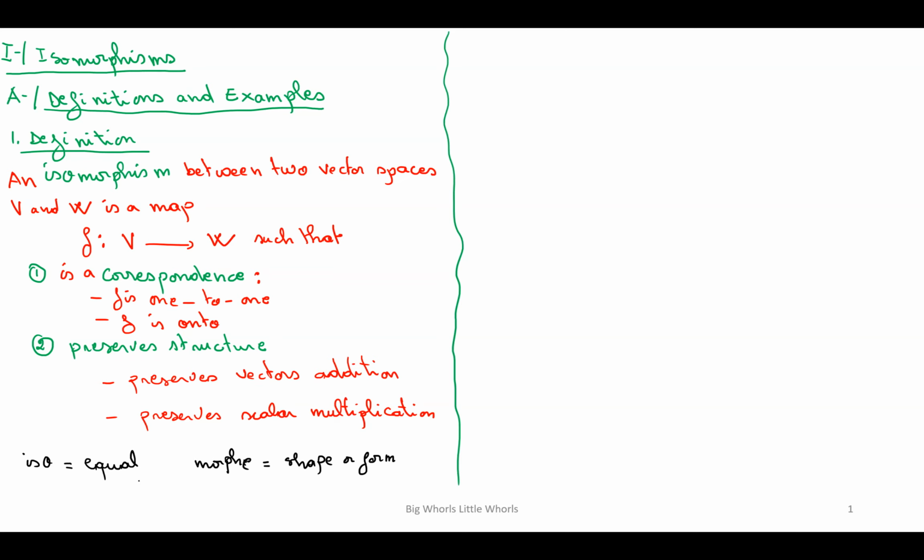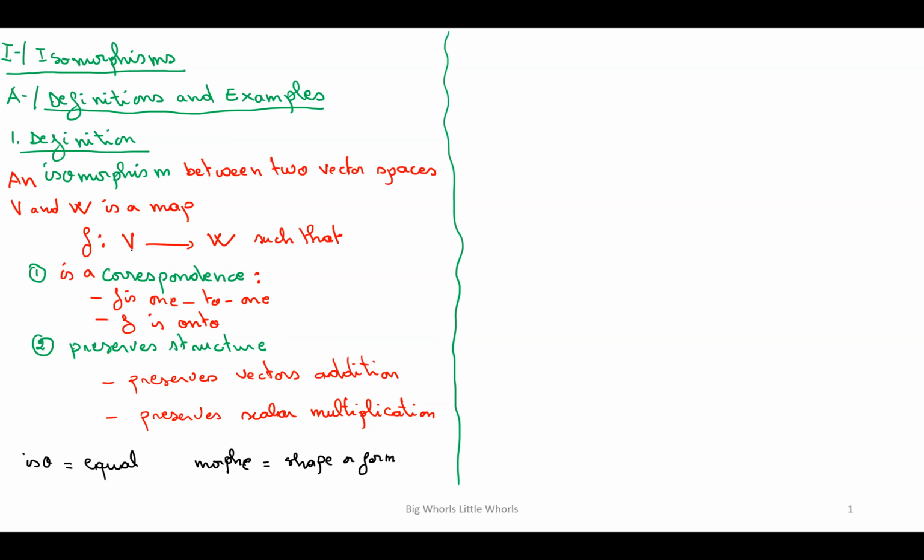We will see in section 2 what is equal. Basically there is something equal between the spaces V and W. As you can see, V and W are different letters, but there is something deep we can use to characterize the sameness of V and W, and you will see in section 2 that it is the dimension.